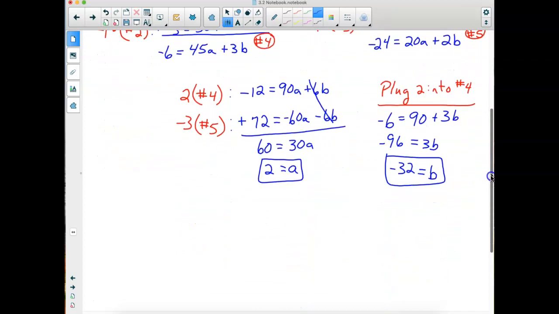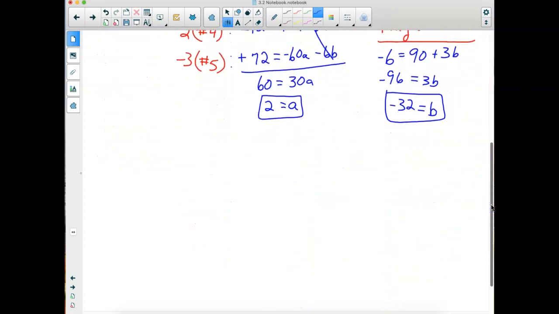So I'm going to take number 3, and what it was in the beginning was 27 equals 16a plus 4b plus c.